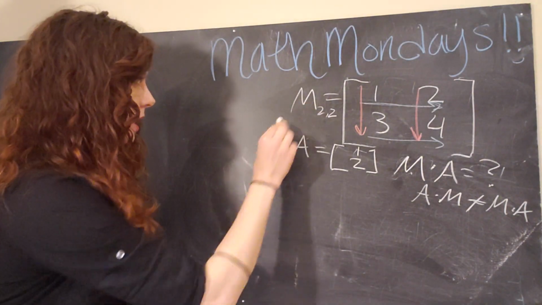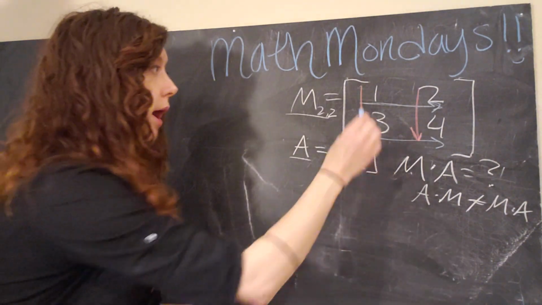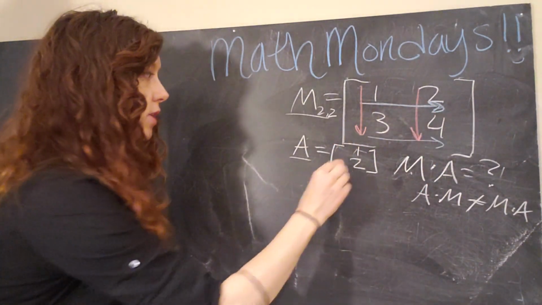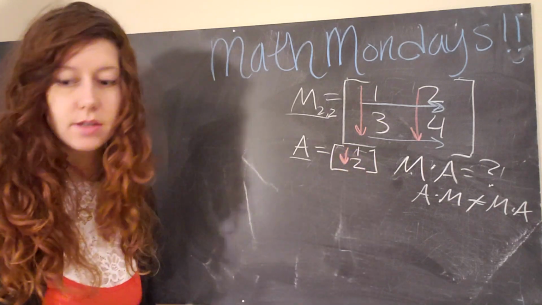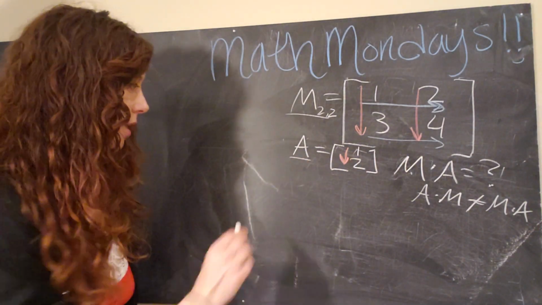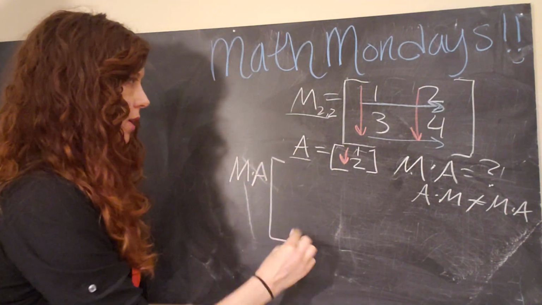So if I say M times A, then I'm going to multiply the rows in M with the columns, if you have more than one, in A. So what that looks like, M times A, hopefully I have enough space here.